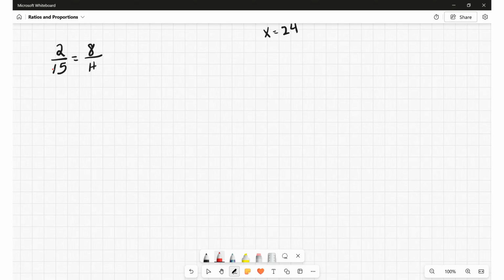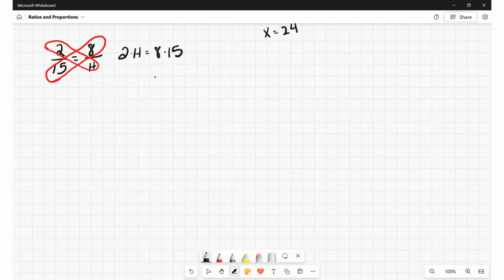Well, here we are going to use our cross product rule to cross multiply. Okay. And we are going to end up with 2 times h is equal to 8 times 15.